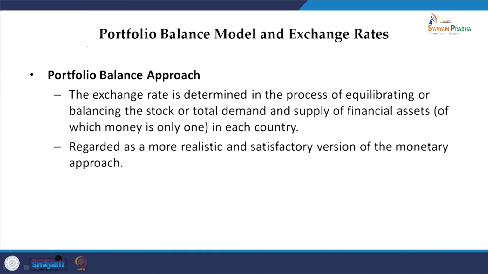The exchange rate is determined in the process of equilibrating the balance of stock of financial assets, of which money is only one asset, but there are many other assets in each country. This is regarded as a more realistic and satisfactory version of the monetary approach, because the monetary approach only considers money as the unit of change, but this also includes other stocks as a portfolio.